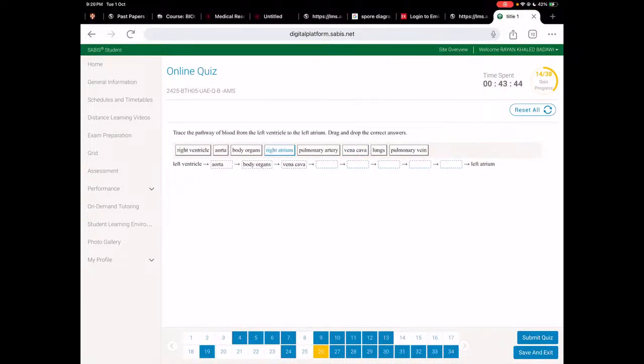The vena cava will drop it into the right atrium. The right atrium will send it to the right ventricle. The right ventricle will send it to the pulmonary artery and then to the lungs, where we can reoxygenate the blood because that's where gas exchange occurs. And then the pulmonary vein is going to branch from the lungs into the left atrium.